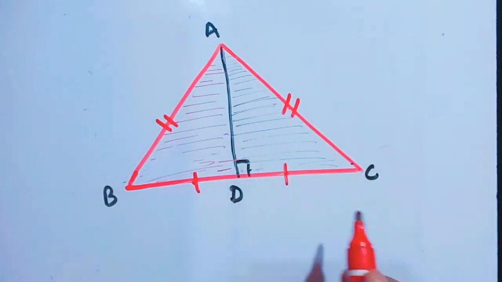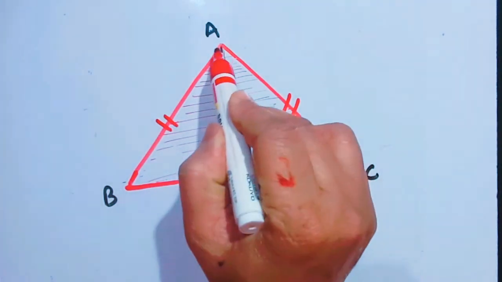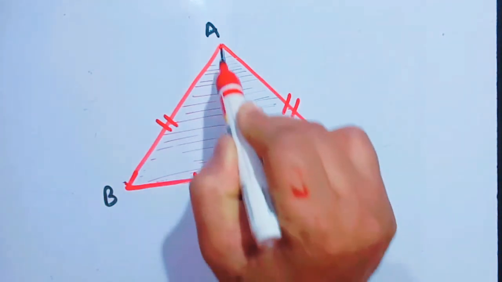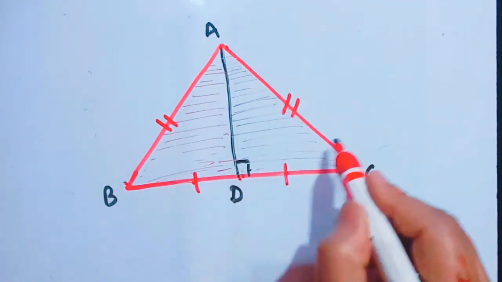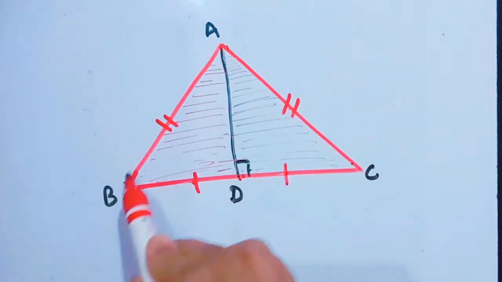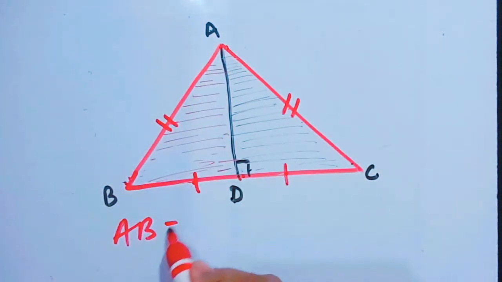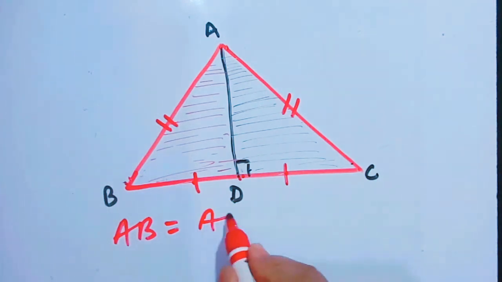Or are they congruent? So let me see. Here when I take triangle ABD and ADC, I find AB is equal to AC.